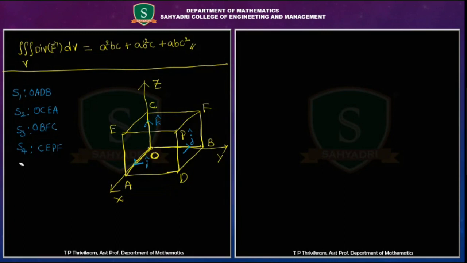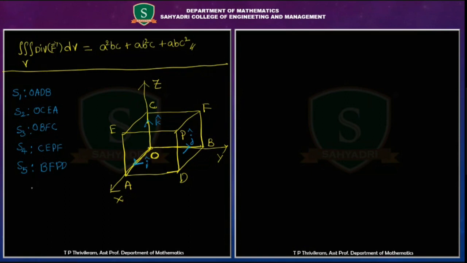So next S5. You need to identify each and every face of the box. Next, BFPD. So where is BFPD? That means this side of the box.